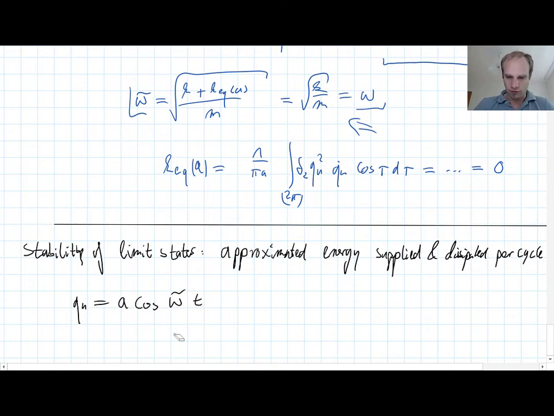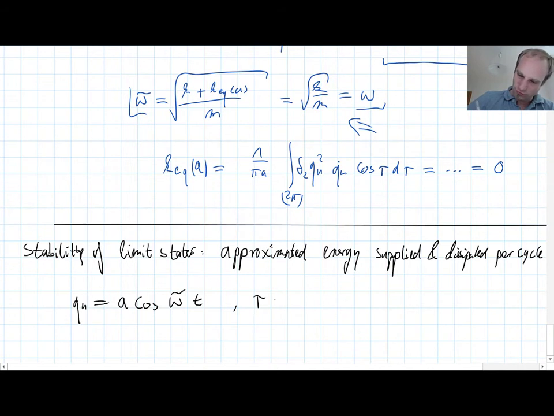Omega tilde is the natural frequency. It could be cosine or cosine with a phase shift. In the autonomous case, as discussed earlier, it does not matter because the absolute phase is not given by any external means, so it's arbitrary. It depends on where you say now is time zero, and obviously this does not really matter. So if we phase shift a solution, it remains a solution.